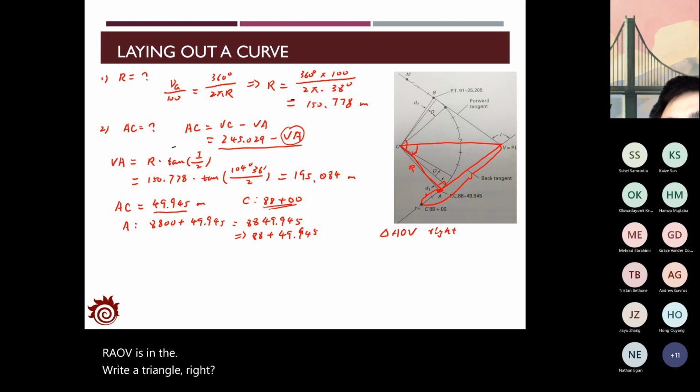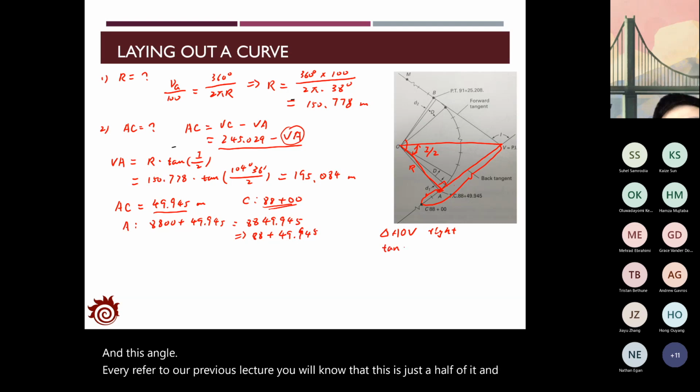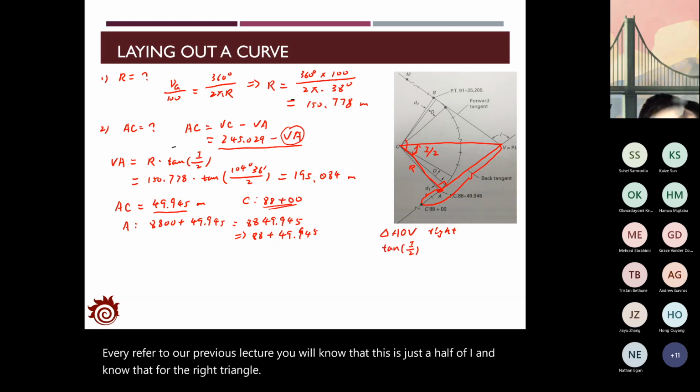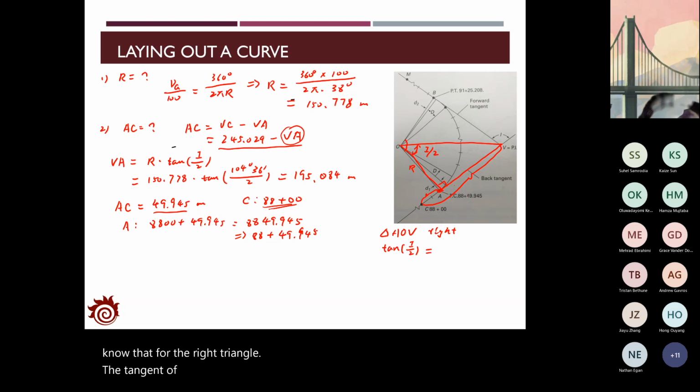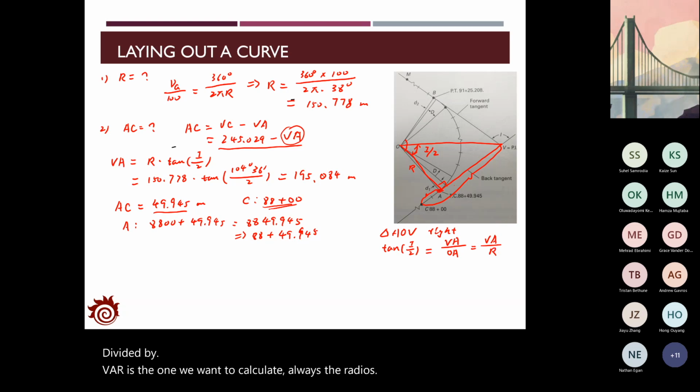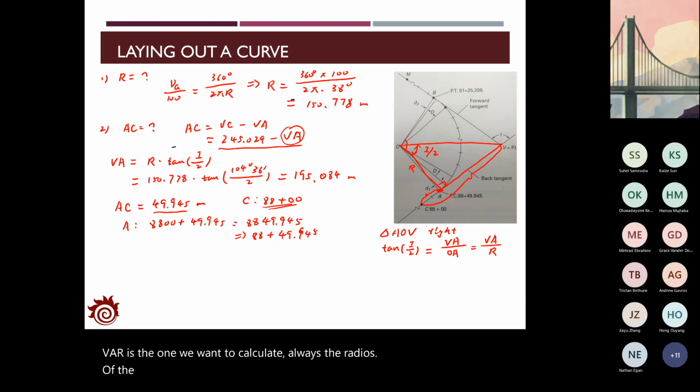And this angle, if we refer to our previous lecture, is just half of I. And you know that for the right triangle, the tangent of this half I will be VA divided by OA. VA is the one we want to calculate. OA is the radius of the curve. So with that, you get the equation VA equals R times tangent half I. All right, great, thank you.